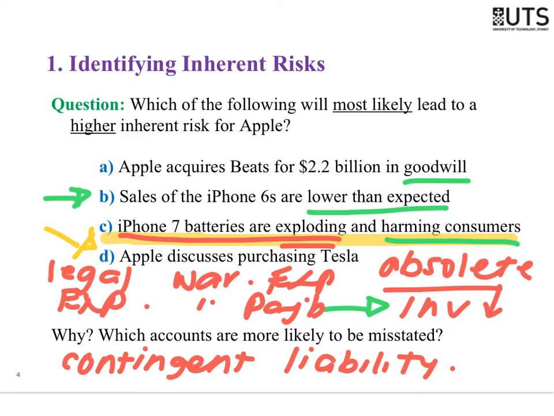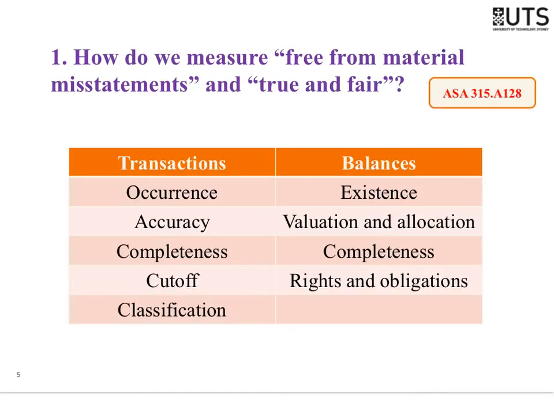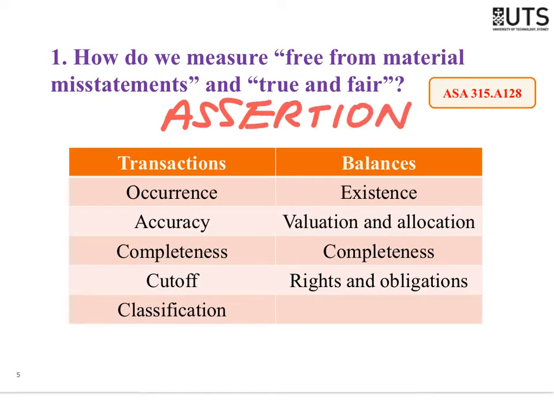Yeah? Okay, great. Now, how do we measure free from material misstatement and true and fair? Ladies and gentlemen, one word, assertions. We use assertions as the foundation of audit. They are what we call the characteristics of truth.